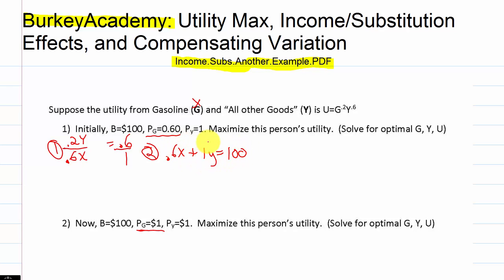If we solve this for y, we get y equals 1.8x. Then if we plug that in for y into the budget equation, we get 0.6x plus 1 times 1.8x equals 100.